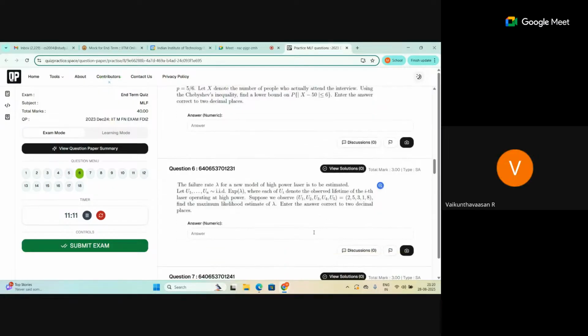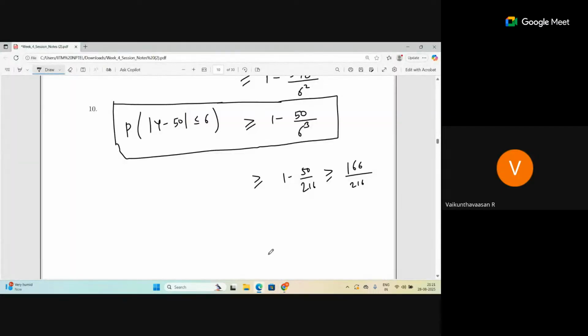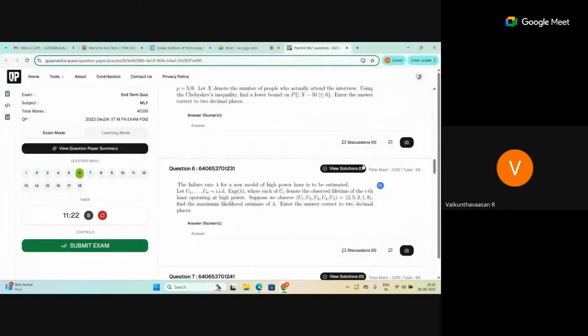Sir, just switch to learning mode and check the answer. Below that website, it's also in that website. Where is it? Learning mode, exam mode. I don't know where it is.